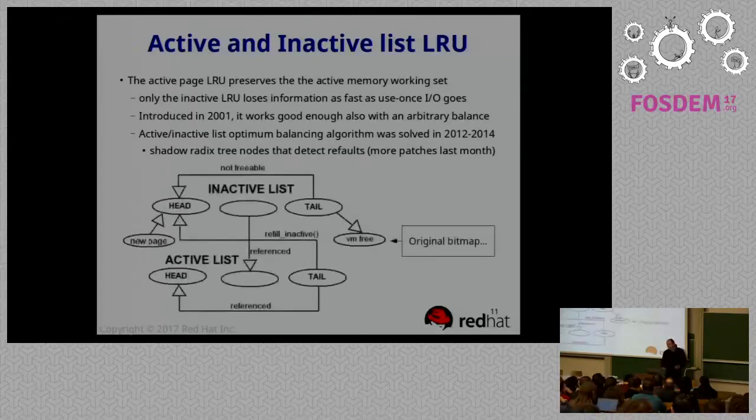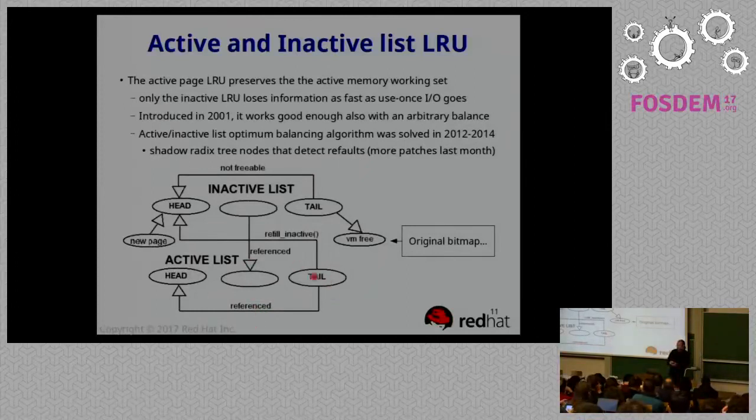So the active list effectively allowed us to keep a working set alive in the cache, even though the backup would roll through the inactive list. So the idea here is to keep the data of the backup only in the inactive list. And then there will be an activation. So when you get a cache hit on the inactive list, the page will be moved to the active list.